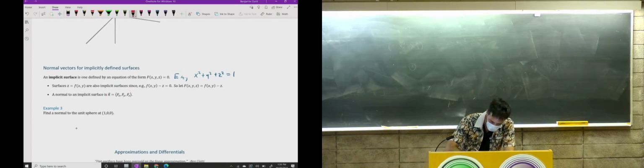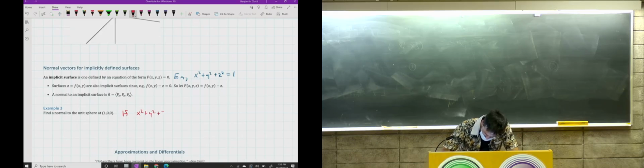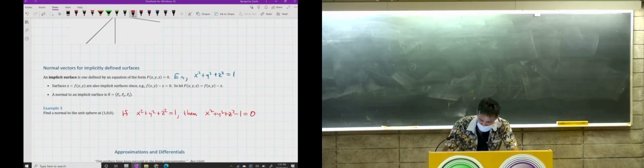Say I want to find a normal to the unit sphere. How about at the point 1, 0, 0? So here's the equation of the unit sphere. So I can calculate the normal vector. It's pretty easy. Okay, so if x squared plus y squared plus z squared equals 1, then x squared plus y squared plus z squared minus 1 equals 0.